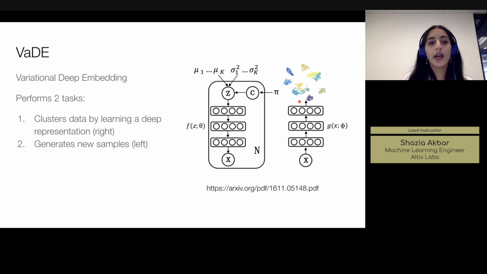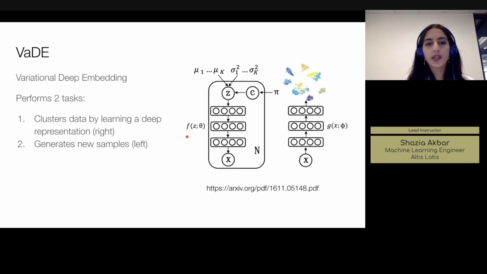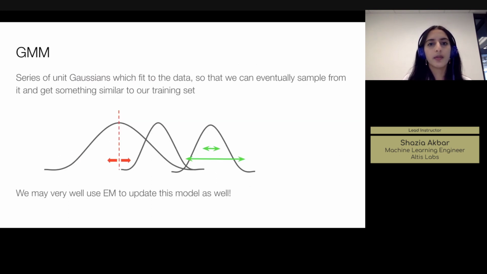But in addition to that, the VaDE algorithm also performs clustering by learning these deep embeddings right at the top here. So this is our encoder component. And again, feel free to look at the paper for further details. Hopefully we'll cover all the details you need in order to implement this particular algorithm in the practical session.